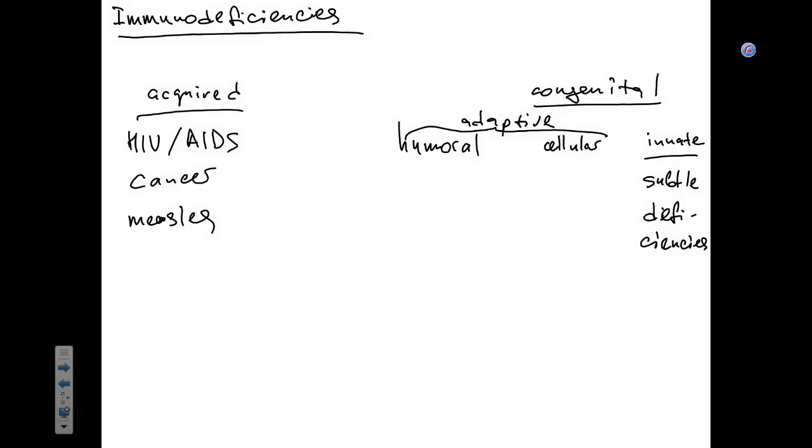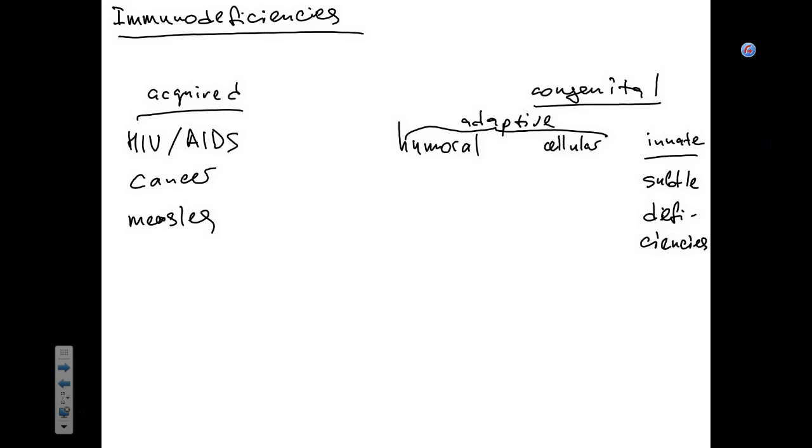When they do not have a humoral immune response, which molecules can they not produce? B cells become plasma cells that produce which molecules?